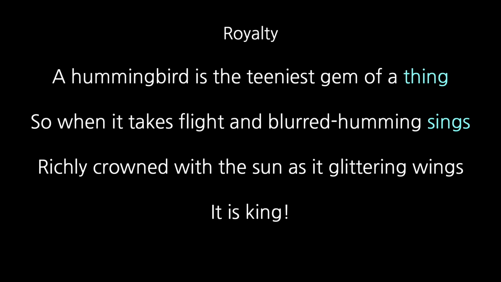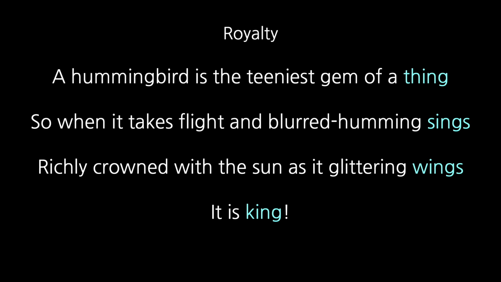So when it takes flight and blurred humming sings, richly crowned with the sun as it glittering wings, it is king, right? So we see that those 4 lines rhyme, right?